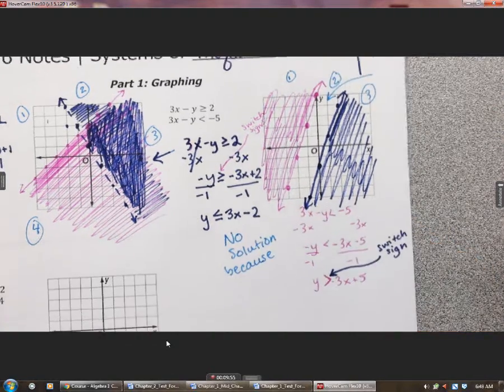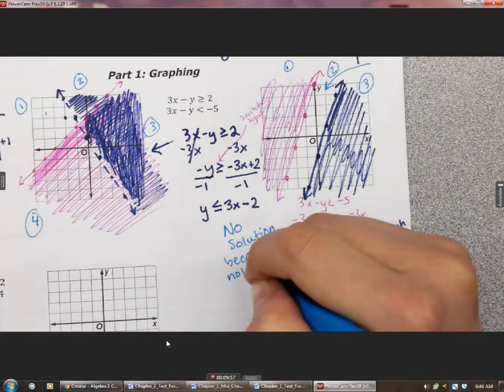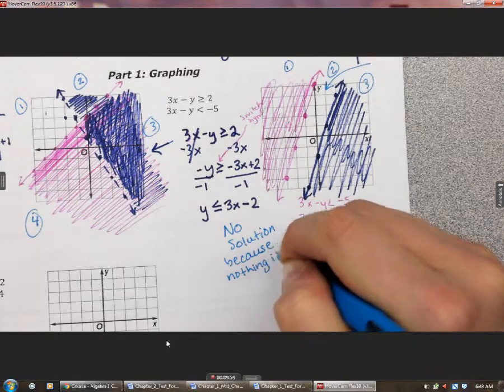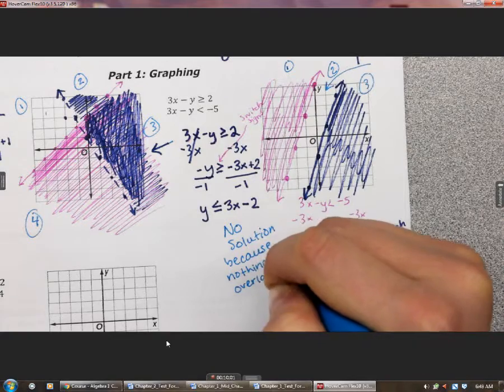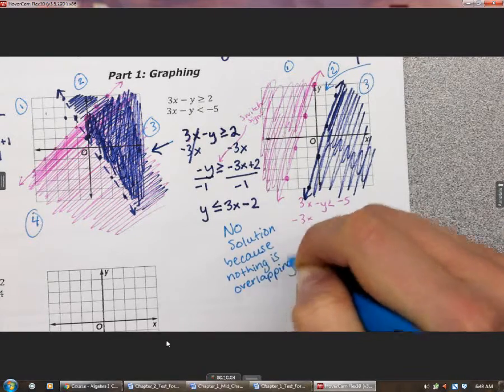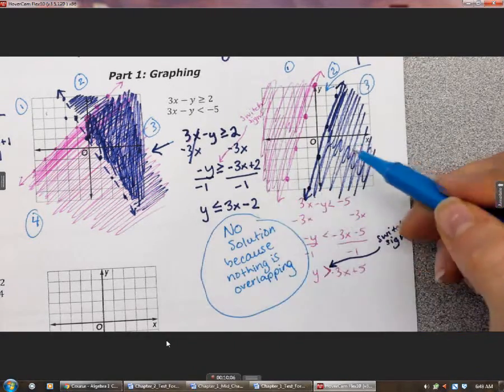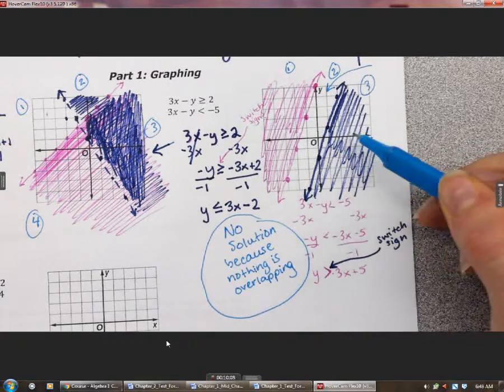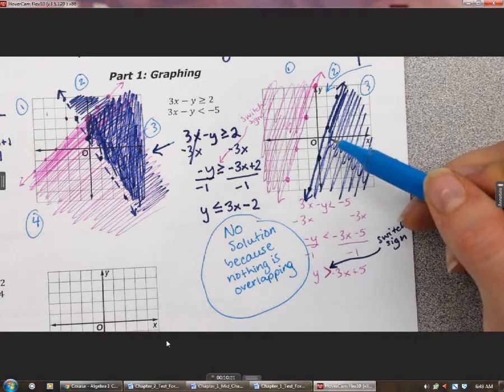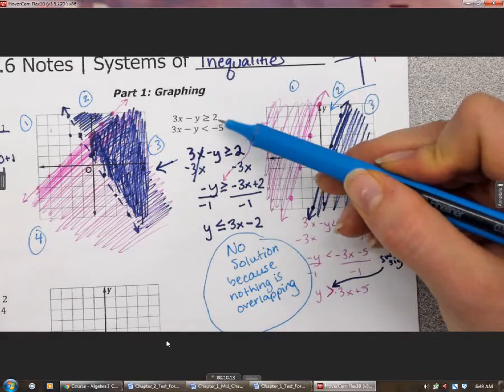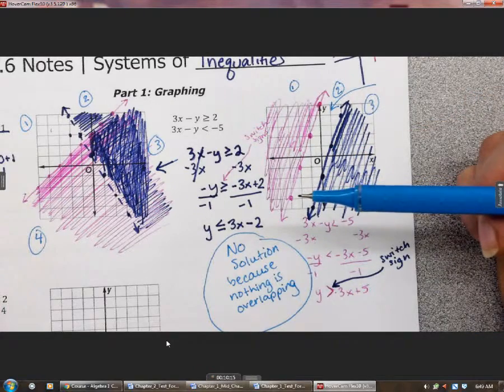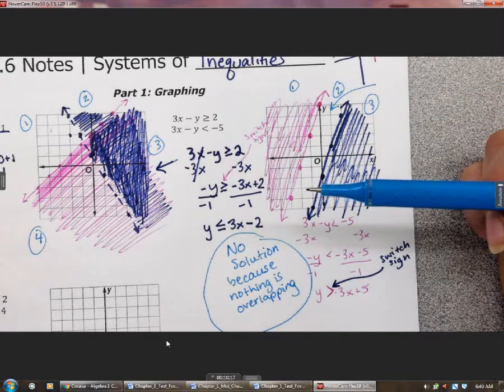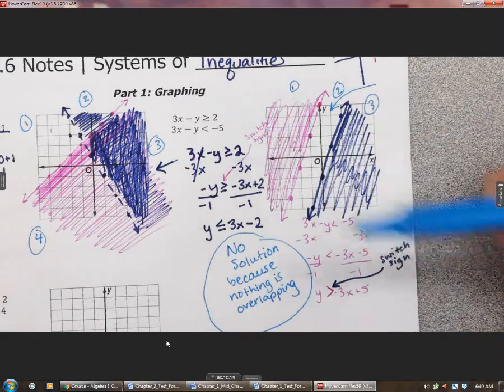That means that there is no point anywhere on here that would satisfy both of these inequalities.